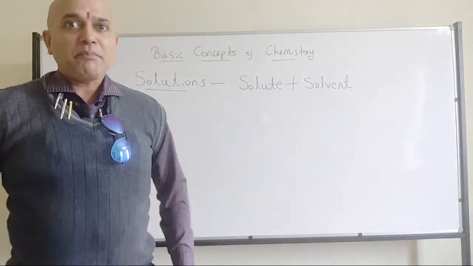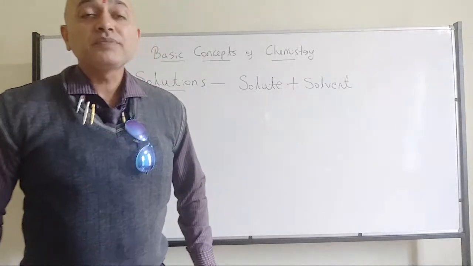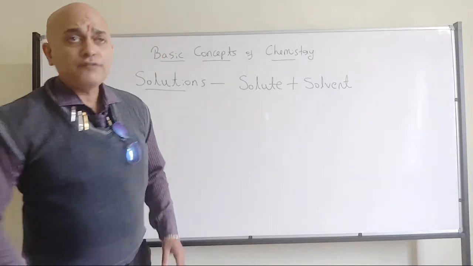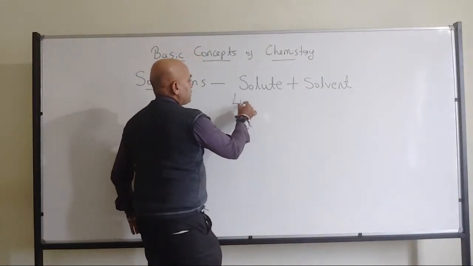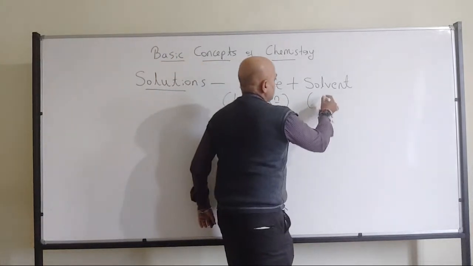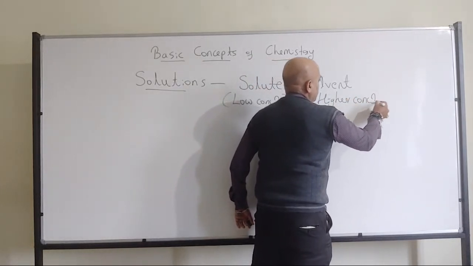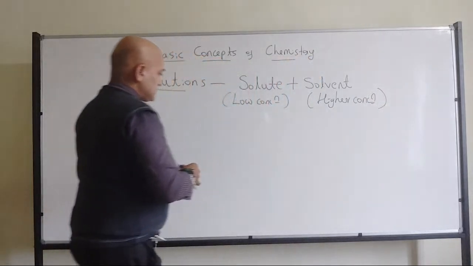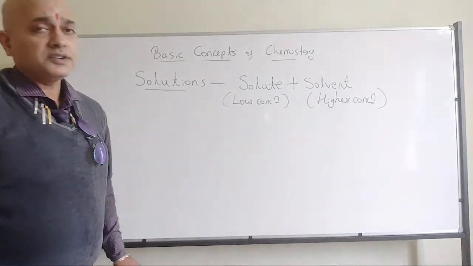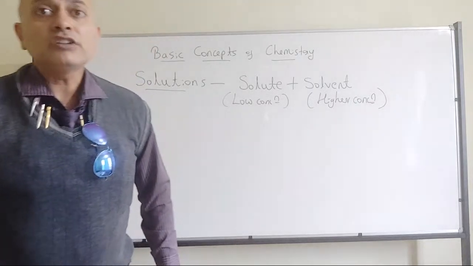Fine. So that's where we have the solutions: solute and solvent. Now what do you mean by solute? It is the one of low concentration. And what is solvent? Solvent is of higher concentration. If I take a salt and add it to water, I get a salt solution.